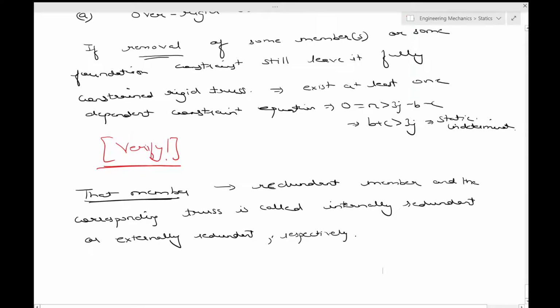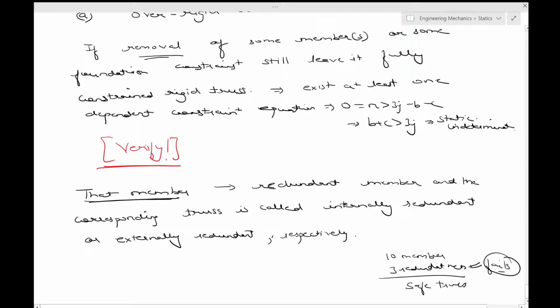So what happens is that if you have, say, 10 members in a truss and you have 3 redundant members, even if these 3 members fail or break, the truss would still be safe.